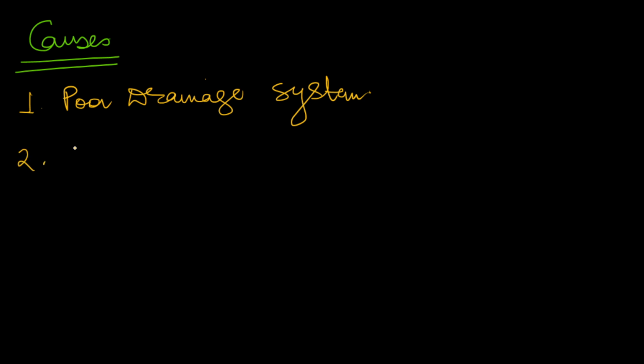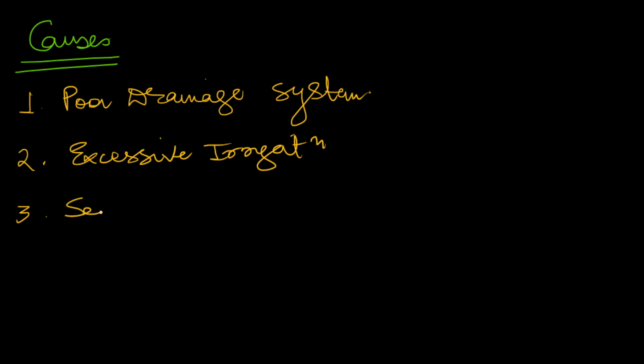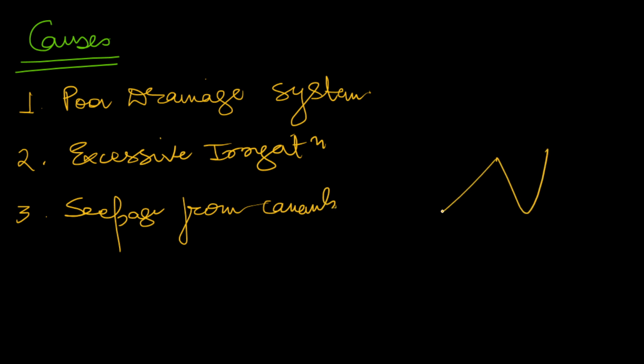Secondly, excessive irrigation. When a lot of irrigation is provided at high frequency, obviously the water will accumulate on the field. Then seepage from canals. So what you can observe is, suppose this is the canal, so generally canals are above the ground.